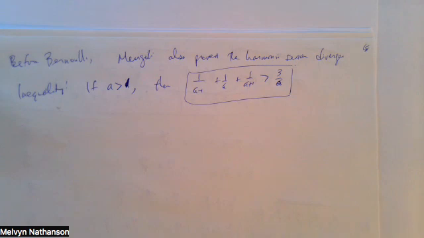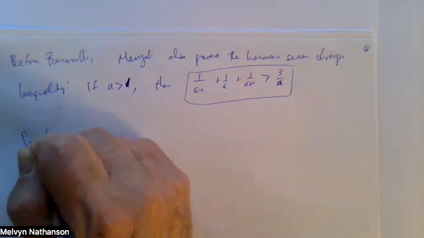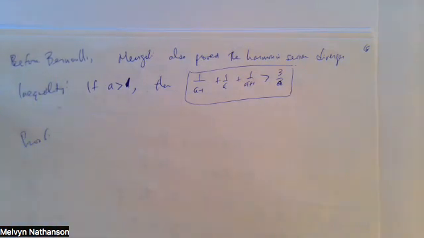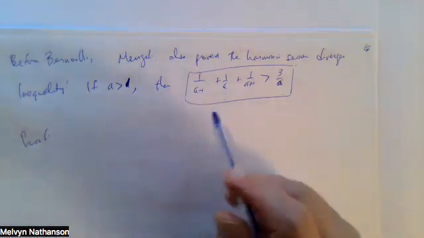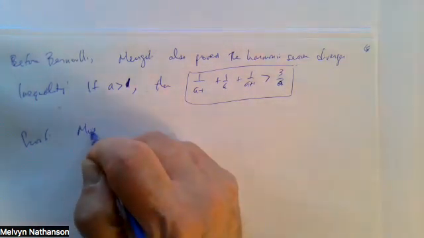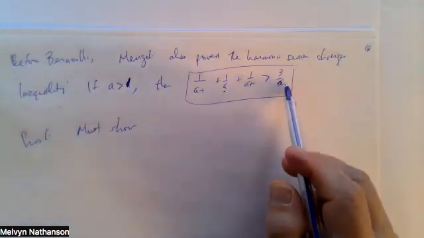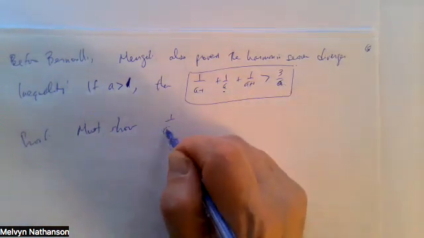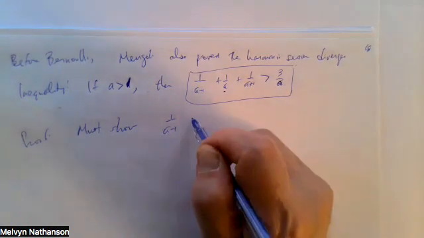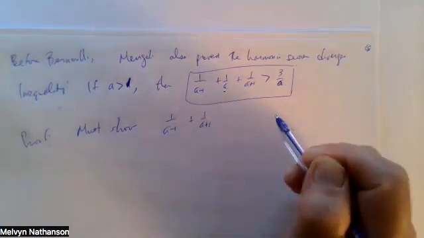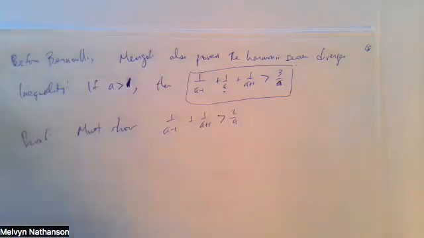Let's see. How do we prove this? Because I have a 1 over a here and 3 over a here, it's enough to show that 1 over a minus 1 plus 1 over a plus 1 is bigger than 2 over a.